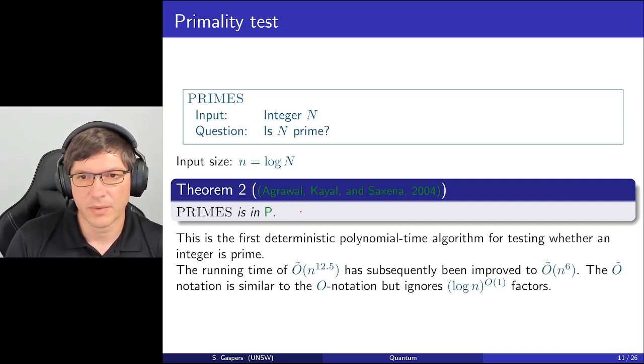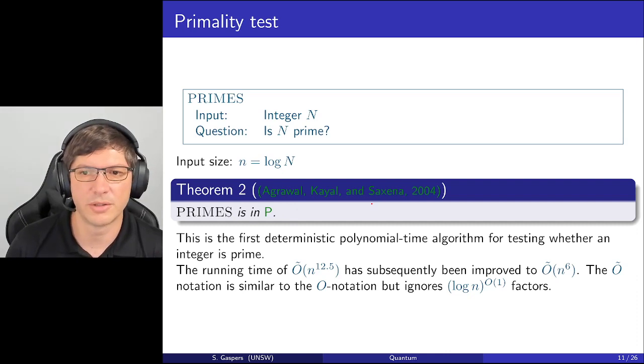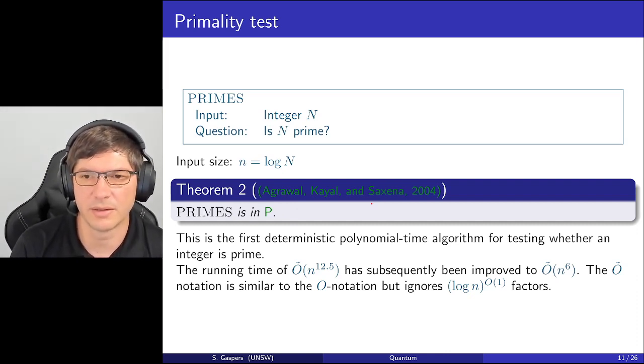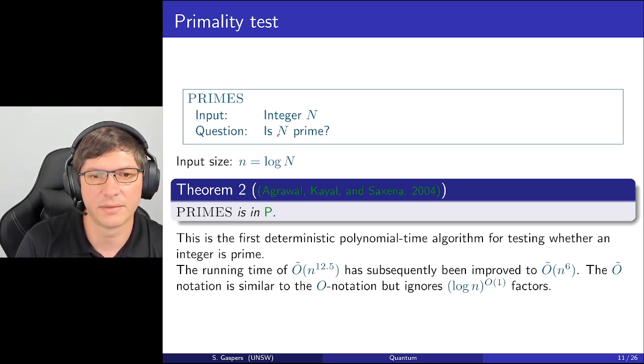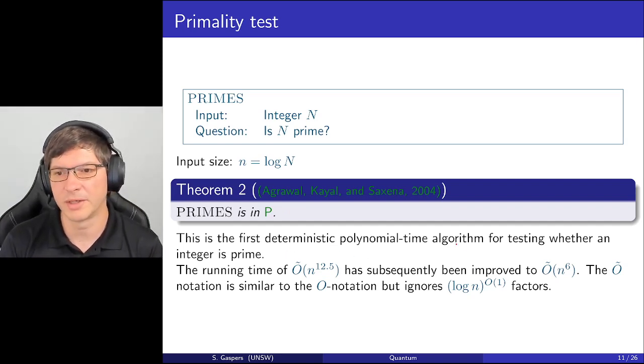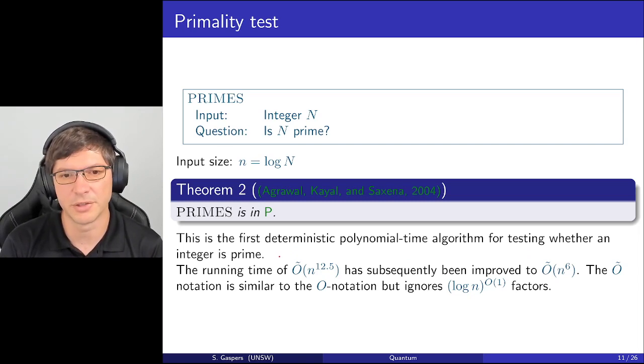Then Agrawal, Kayal, and Saxena showed in 2002, with the paper published in 2004, that PRIMES is polynomial time solvable. So there is a polynomial time algorithm that does this primality test. This is the first deterministic polynomial time algorithm for testing whether an integer is a prime. The running time was O tilde of n to the power 12.5.